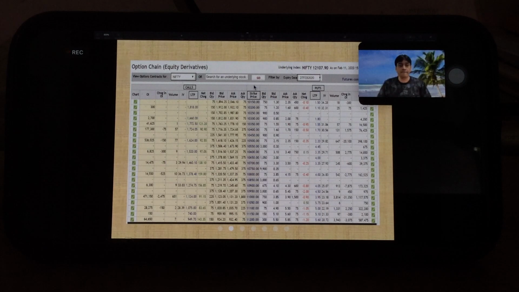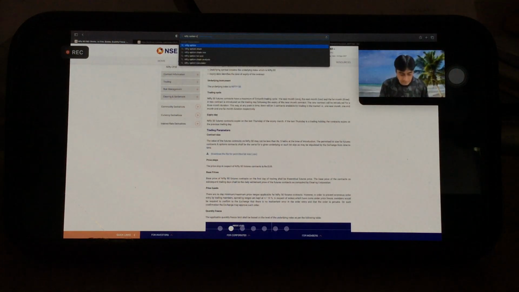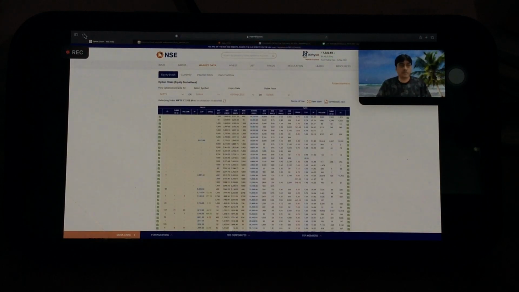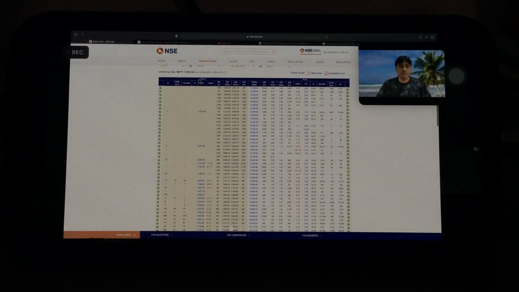So if we see, this is the usual option chain in Nifty. We will directly open the Nifty option chain. Right. So what are the things we can see here?